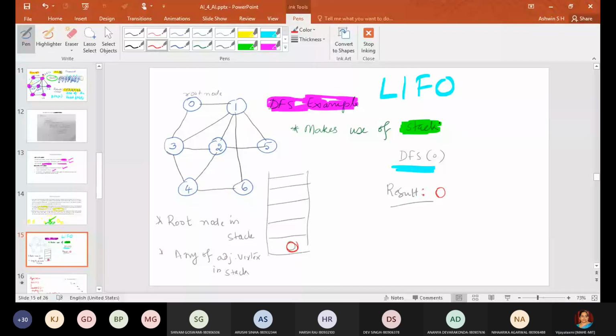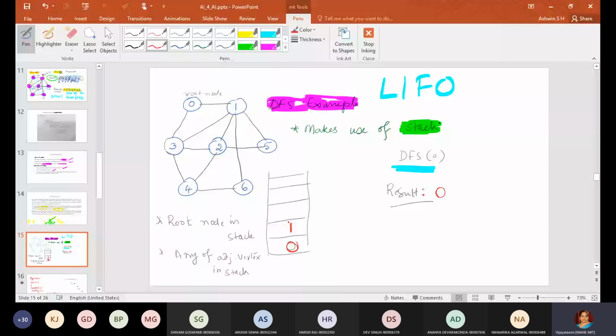Then any adjacent vertex, wherever you have 1 in the adjacency matrix, you put it in the stack. For this root node we have 3 and 1. You can put any one, not both. So I will put 1 here.